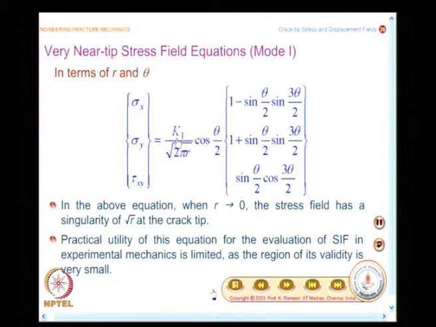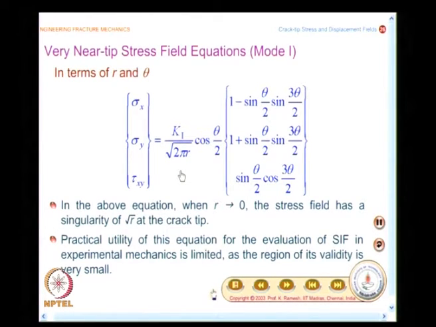The magnitude is dictated by a single parameter. And another one is when r goes to 0, these values reach infinity, and you have 1 by root r, and the singularity is known as root r singularity in fracture mechanics literature.